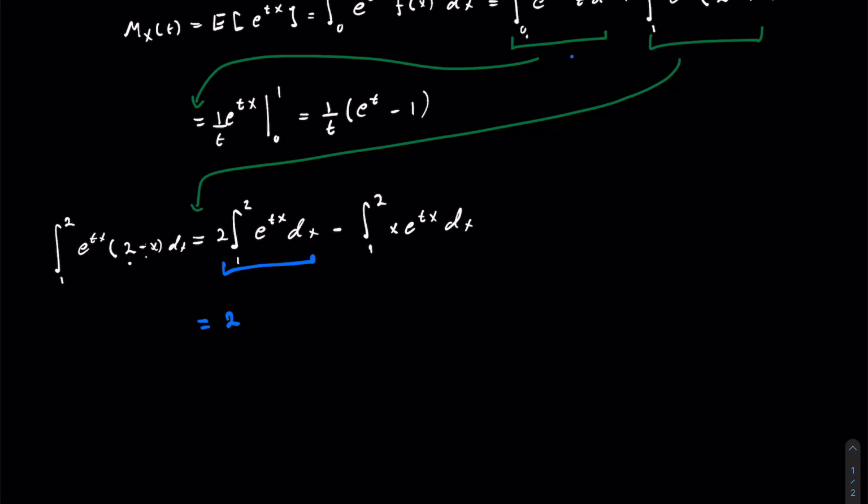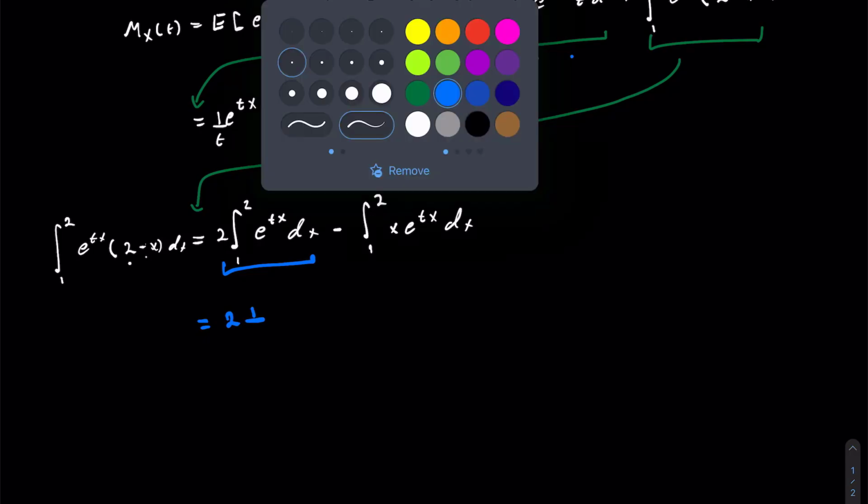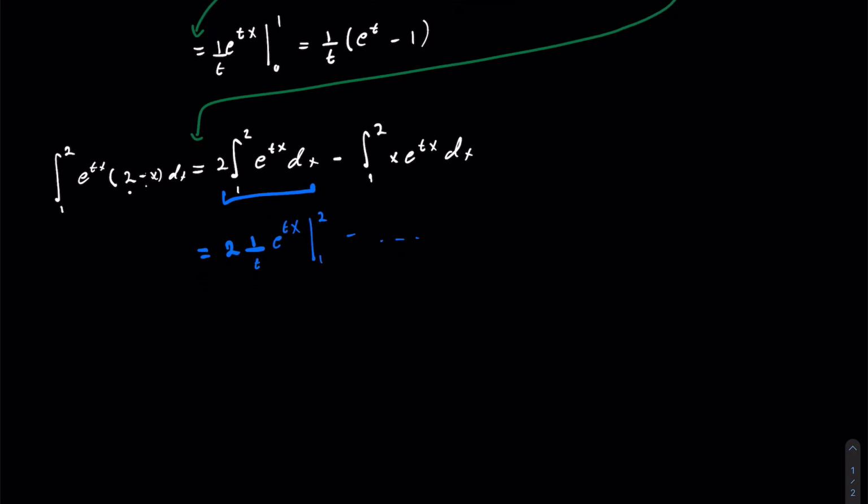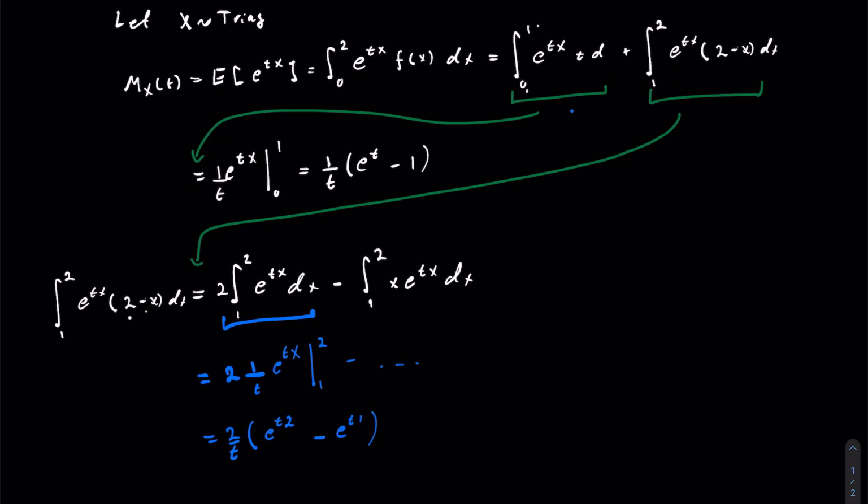This is 2 times e to the t x over t from 1 to 2, and the limit is now going to 2, and this part is going e to the t 1.